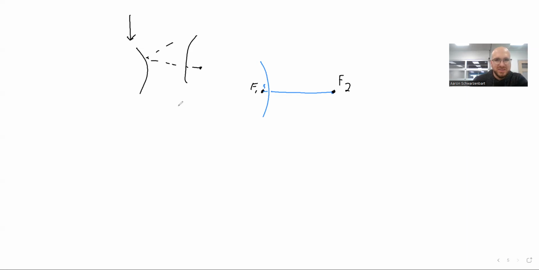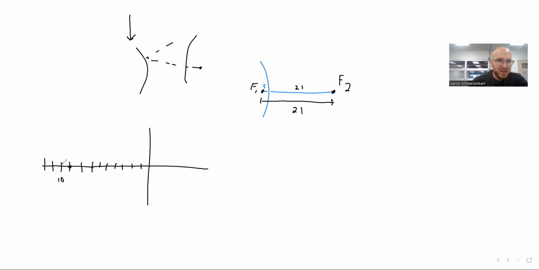So I know that this total distance is 24. So I'm going to center this at the origin. This vertex is at 9. That's F1. This is F2 over here.